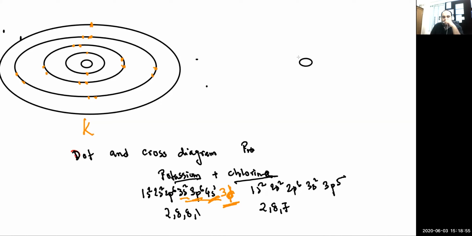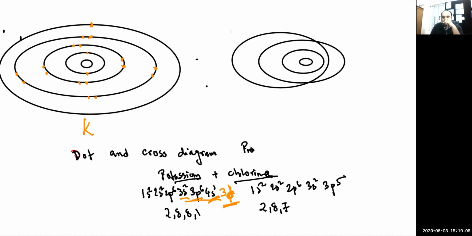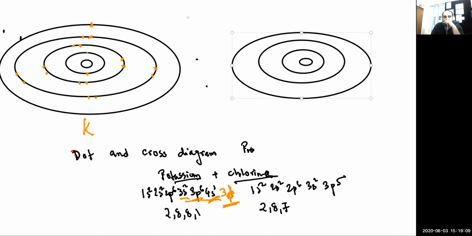First we have a nucleus, and then the first shell, the second shell, and then the third shell. So 2, 8, 1, and then 2, 8, 7.